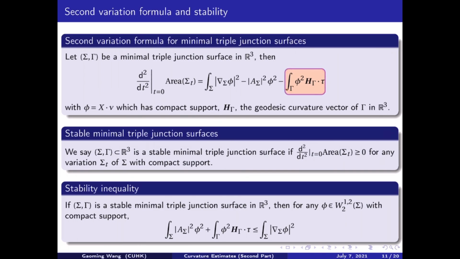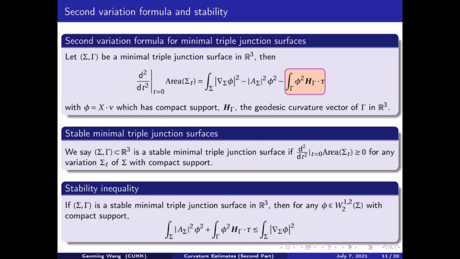If you compare this formula with the second variation formula for minimal surfaces, the calculation is essentially the same as in the case of minimal surfaces, especially if you are familiar with free boundary minimal surfaces. Note that this formula is still true in the higher dimension case or even in a general ambient manifold, as long as you add back the Ricci curvature term and think of H gamma as the mean curvature vector of gamma.